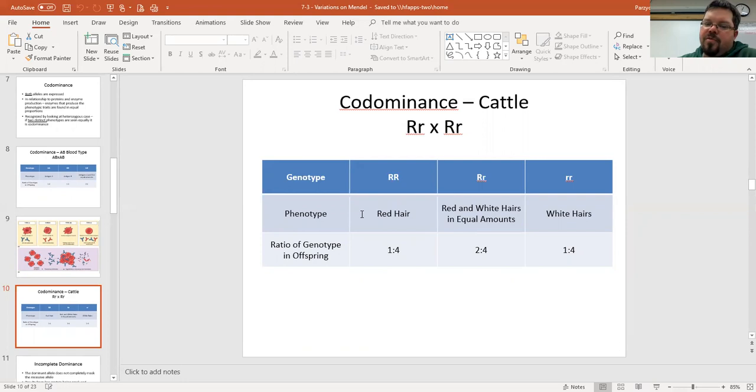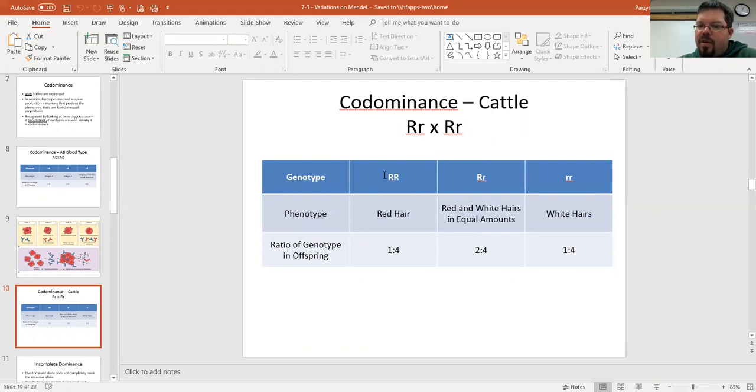Genotype of red hair versus white hair in cattle hair color. Here's a cross where we have two heterozygote individuals crossing, and the resulting potential genotypes would be as follows.